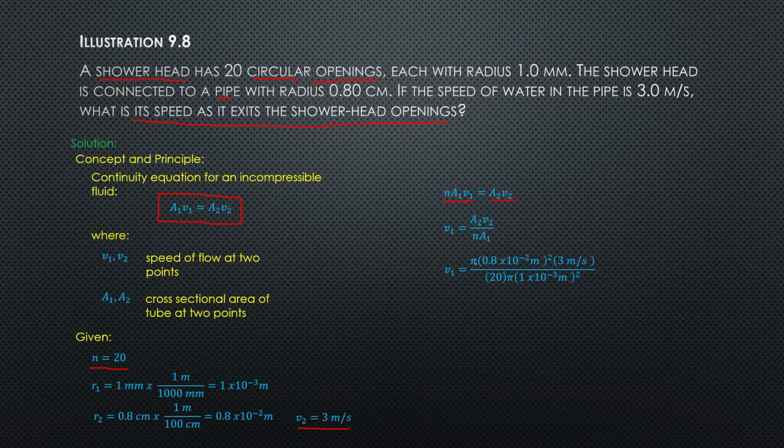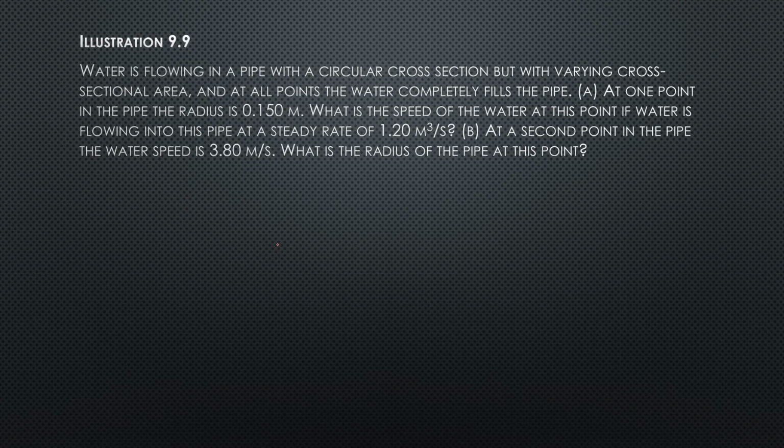So pi r2 squared multiplied by v2, where r2 is 0.8 times 10 to the negative 2, and then divided by n, which is 20, times pi r1 squared, where r1 is 1 times 10 to the negative 3 meters. So simplifying this, the speed at the openings will be 9.6 meters per second. This is illustration 9.9.